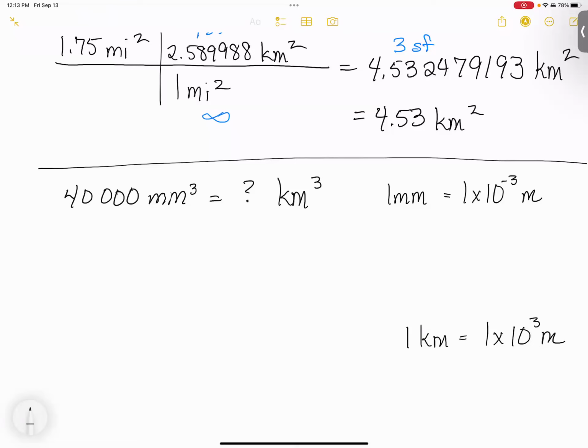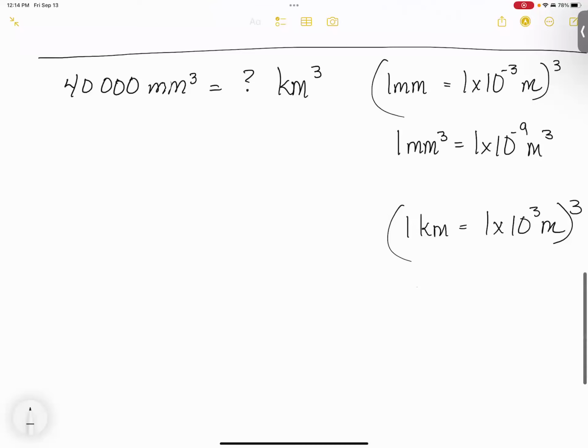You cannot use these conversion factors as is. You have to cube the conversion factors. So 1 millimeter cubed is going to equal 1 times 10 to the minus 9 meter cubed. And 1 kilometer cubed is going to equal 1 times 10 to the 9 meter cubed.